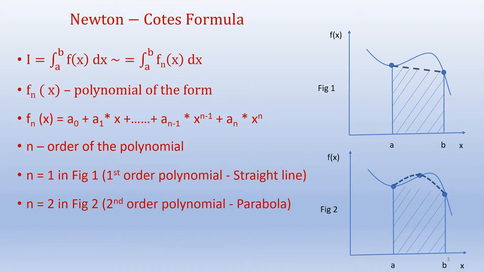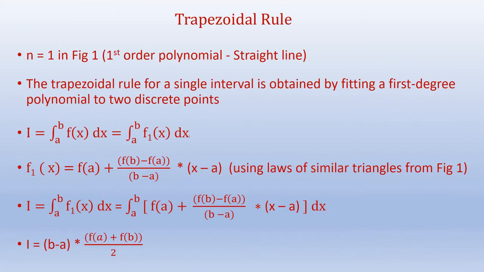Likewise, we can go n equals 3 to represent a third order polynomial, etc. Under the trapezoidal rule, we are going to use n equals 1 as shown in figure 1. That is, we are going to use a first order polynomial which is a straight line.